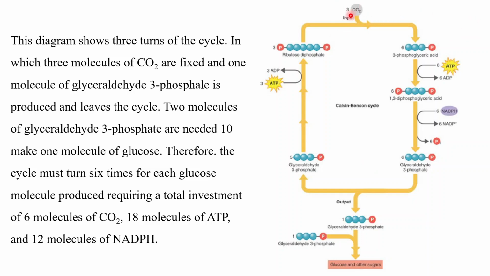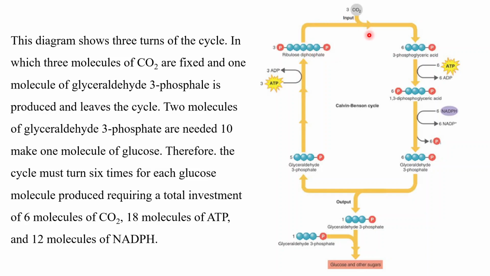CO2 is the input source. CO2 gets incorporated into a 5-carbon molecule called ribulose diphosphate, RuBP. Since it's a 5-carbon molecule and one carbon is coming from CO2, it becomes a 6-carbon molecule.